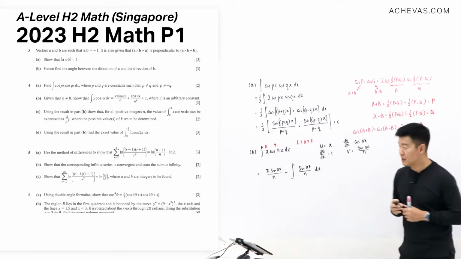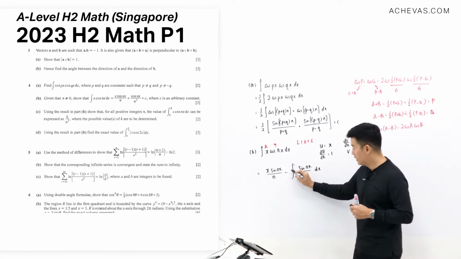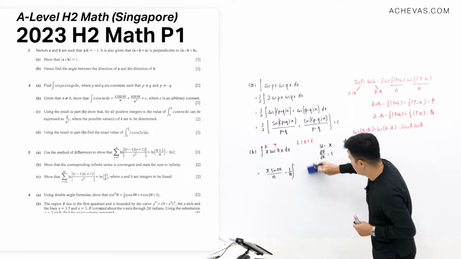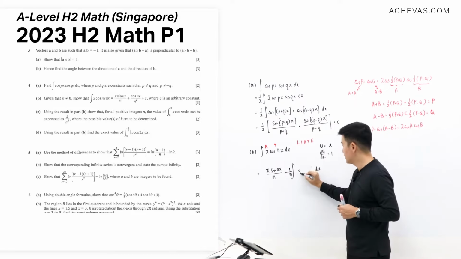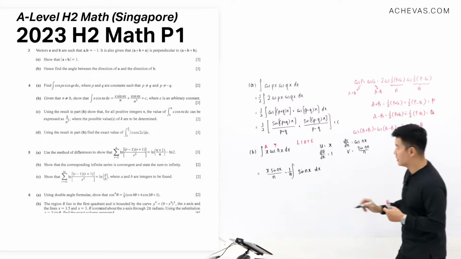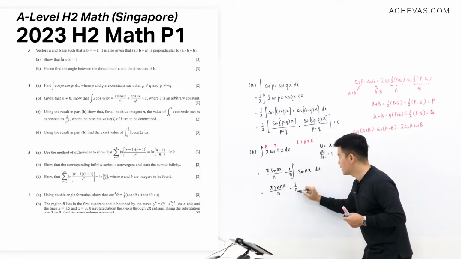And this is actually pretty easy to integrate. In fact, I think I'm going to just factorize out this n for now. So we will have 1 over n, and here it is just going to be a sine nx. Okay, now this is really easy to integrate. So this is going to be x sine nx over n minus 1 over n.